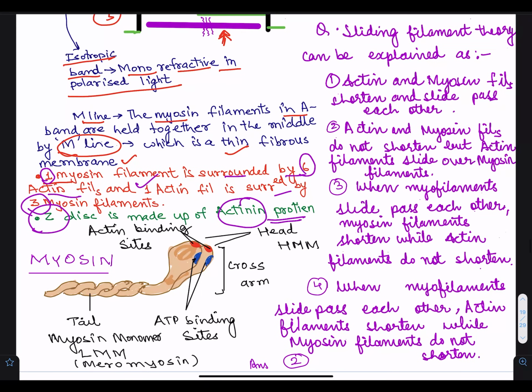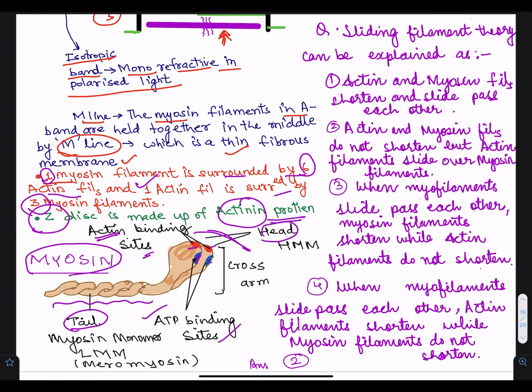Now we revise the structure of myosin. Myosin has one tail. This is the tail part and this is the head part. And these blue colored structures are the ATP binding sites, and these red colored areas are the actin binding sites.